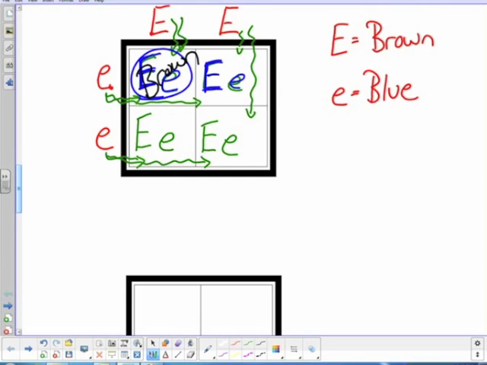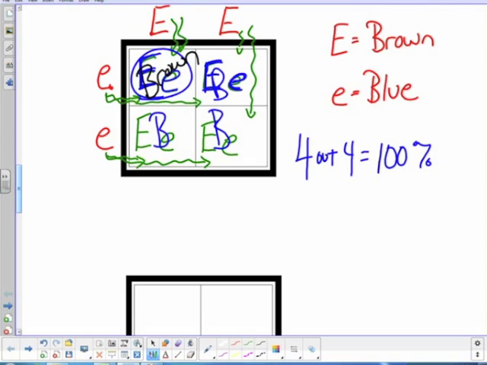The dominant brown overtakes the recessive blue. So this is brown, this is brown, this is brown. So the probability that these offspring are going to have brown eyes is 4 out of 4, which equals 100%. Okay. So 4 out of 4, 100% brown.